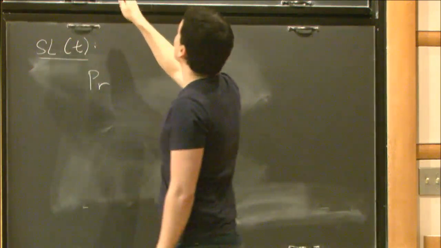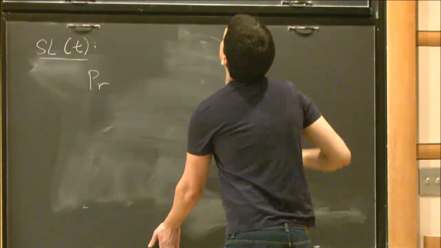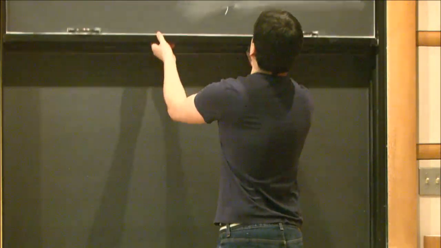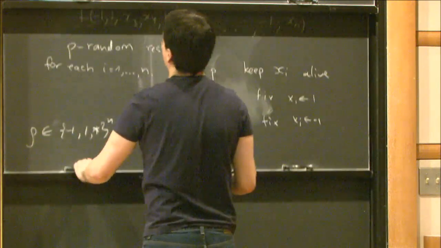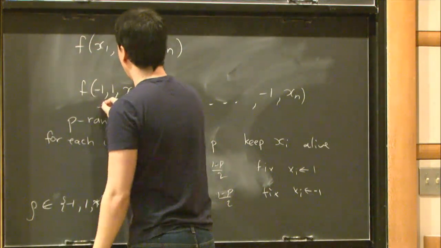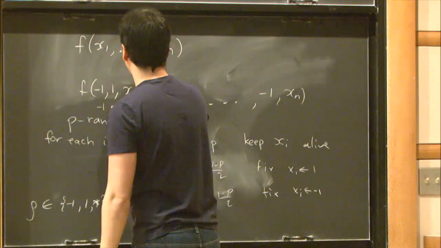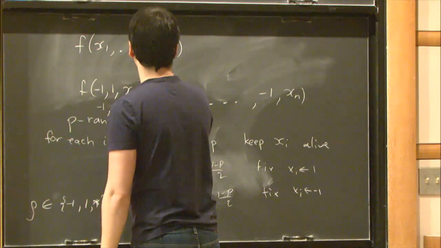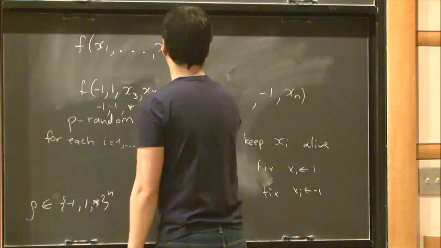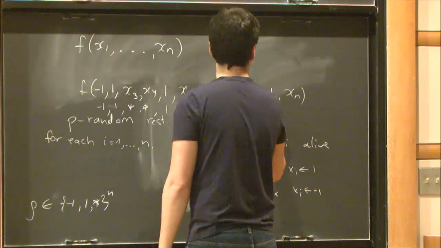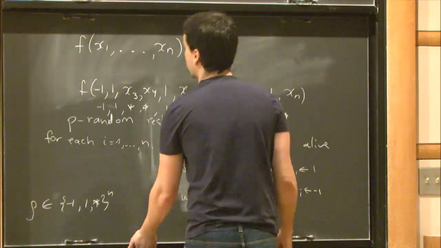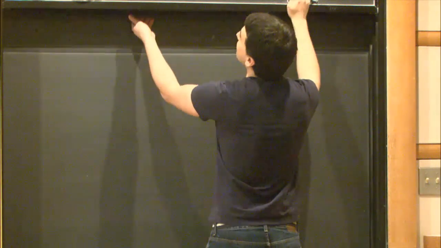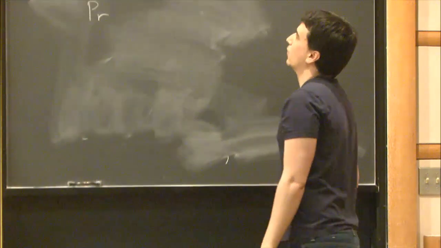So for every variable, the string will be -1, 1, star, star, 1, star. Okay, so if we keep it alive, we put star there, and if we fix it, we put -1 or 1.